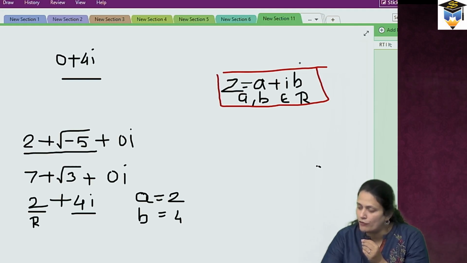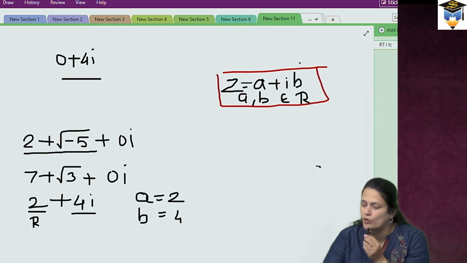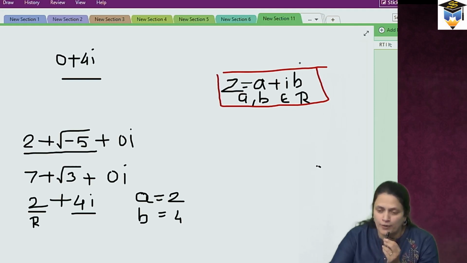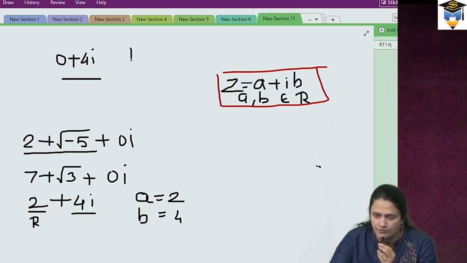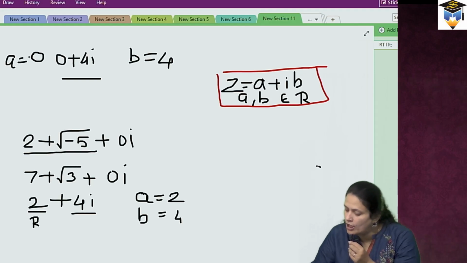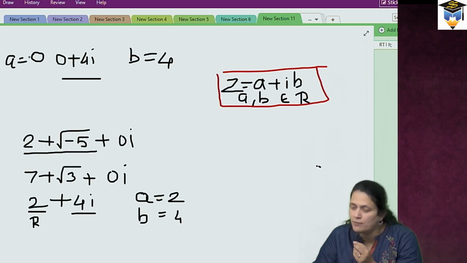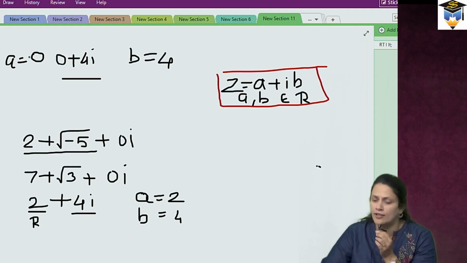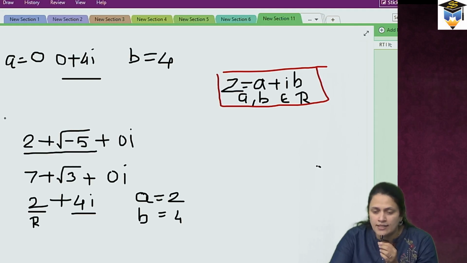Such a number is in the form z is equal to 0 plus 4i, in our case 0 plus 4i. So here the value of b is going to be 4, and the value of a is going to be equal to 0. Okay. Second point, a complex number whose imaginary part is 0 is called a real number. So now tell me, is this a real number?